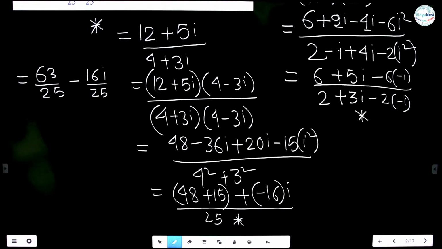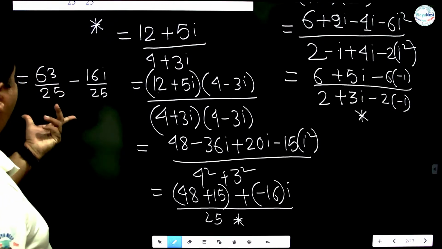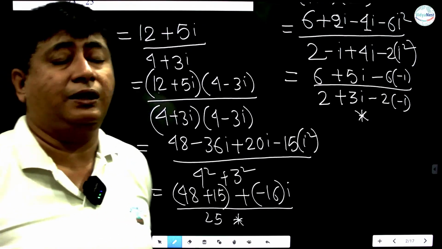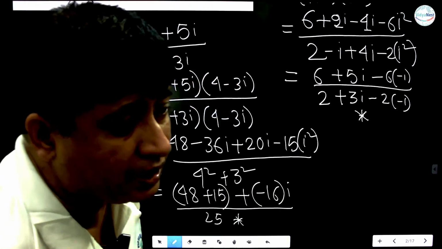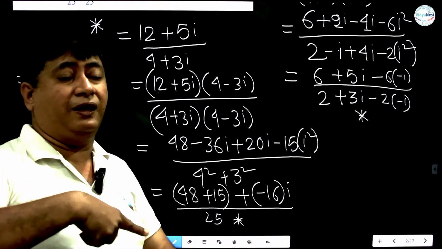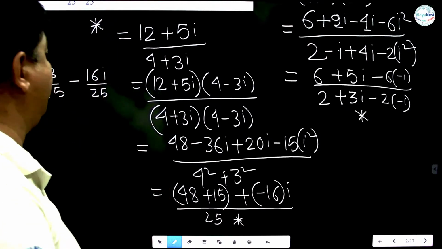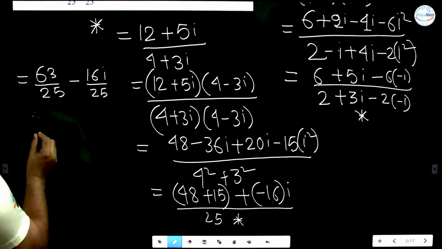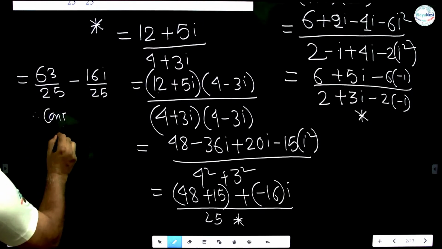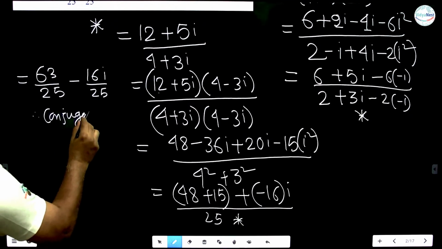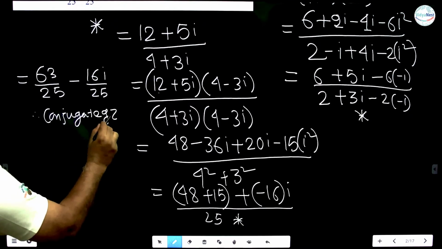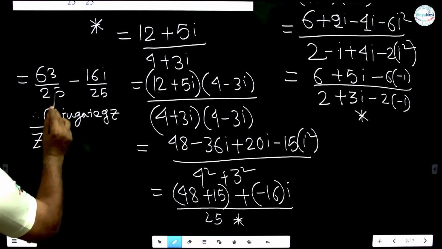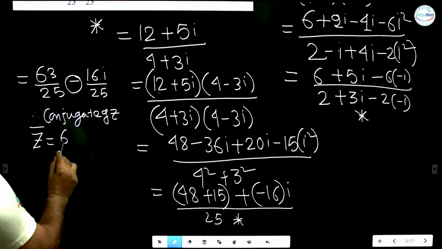Okay. So we are told to find its conjugate. Conjugate, you know, if z is equal to x plus iy, the conjugate will be x minus iy, and in case of reverse, if z is equal to x minus iy, its conjugate will be x plus iy. So the conjugate of z, that is z bar, minus will become plus.